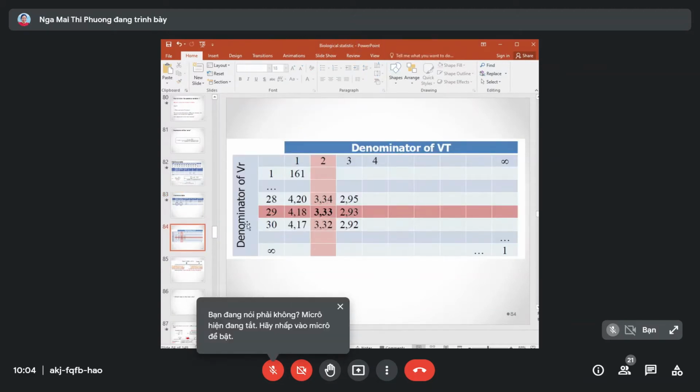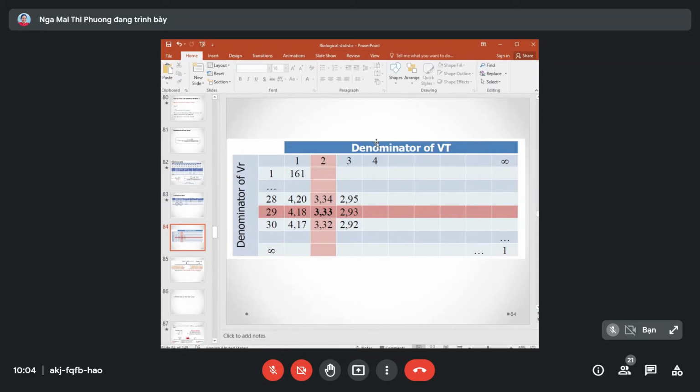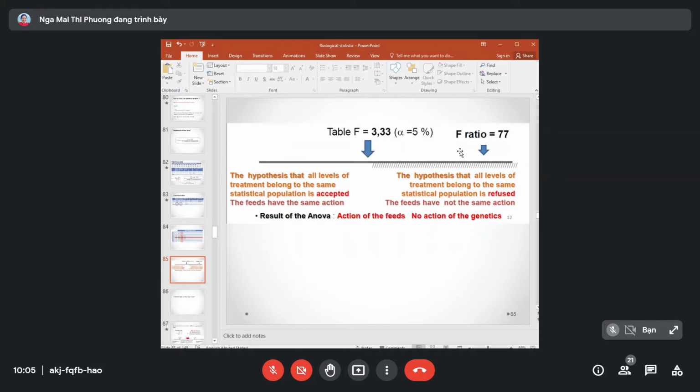You have the degree of freedom of error, which is 29, and this is V small, VT small. So the degree of freedom of variance of treatment is 2. So you have 3.33. So you have the F ratios approximately 77, and the F limit is 3.33. So you have F ratios bigger than F limit.